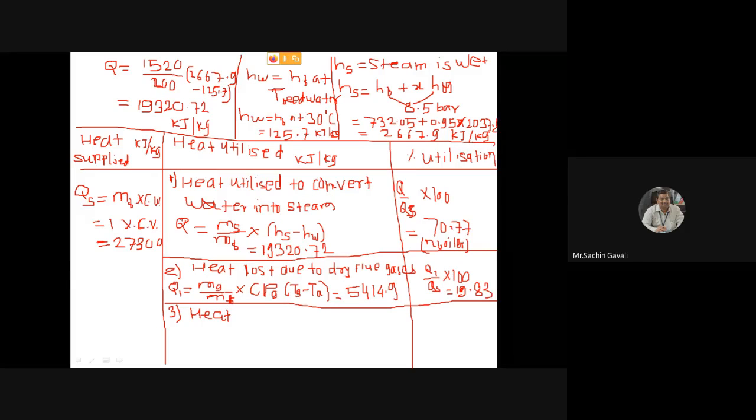Heat lost due to unburned fuel. ह्याला आपण आता Q2 म्हणूया इथं कारण आपलं सिक्वेन्स Q2 आहे. व्हॉट इज फॉर्म्युला फॉर दिस? कोण सांगते फॉर्म्युला?